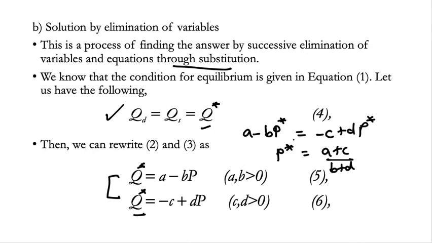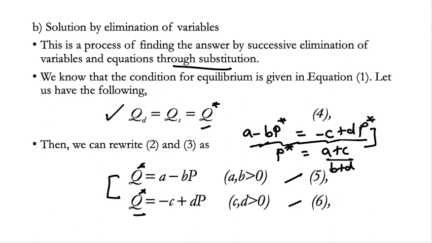Now, of course, I didn't show you what happens in the middle here, but you have to figure it out. Once you get P star, this becomes very easy. You can easily substitute P star back into either 5 or 6 to find the equilibrium quantity for this market.